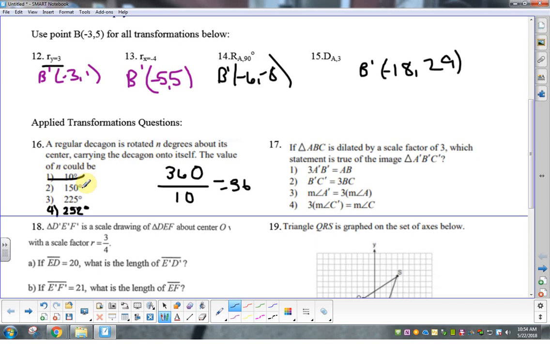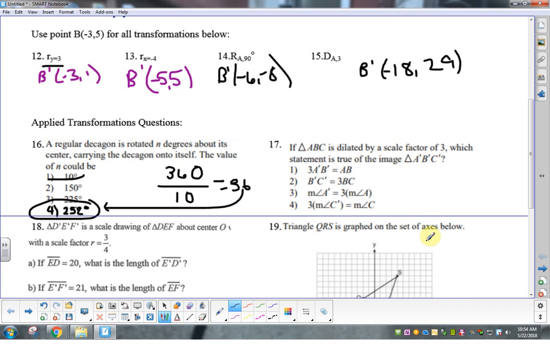So 10 is not a multiple of 36. But what I'm going to do is look for multiples. So I'm going to do 150 divided by 36. That's not a nice number. 225 divided by 36, also not a nice number. 252 divided by 36 is a nice number. It's 7. So that's why it's choice 4, because 36 can multiply into 252 degrees.